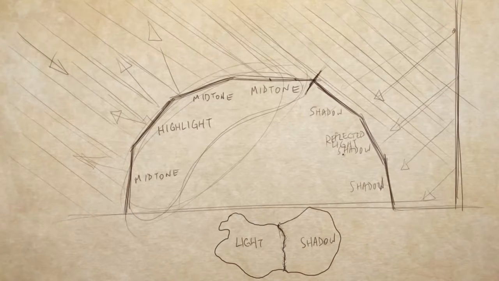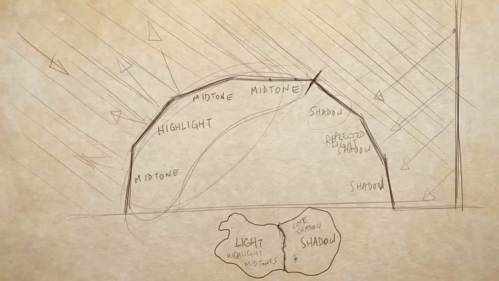But it's important to remember that there is this border, and within the country of light, you have highlight and midtones. And within the country of shadow, you have core shadows, which are, just think of those as the shadow that is not getting any reflected light.